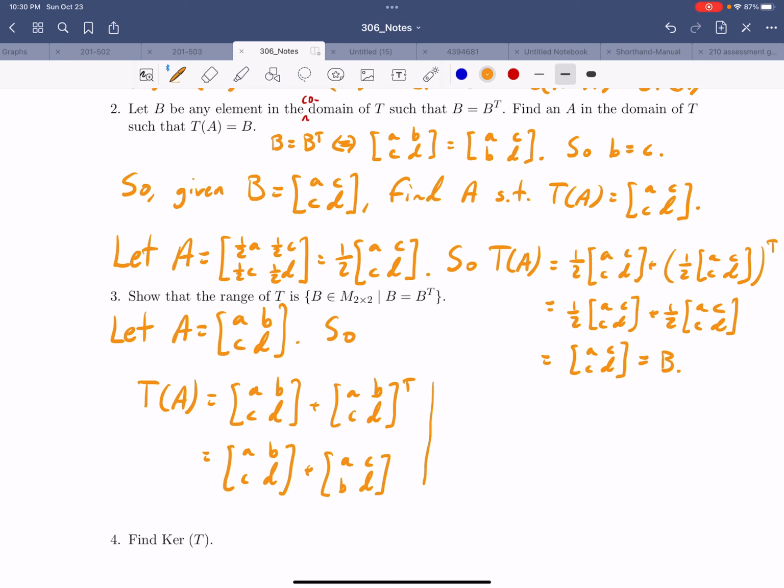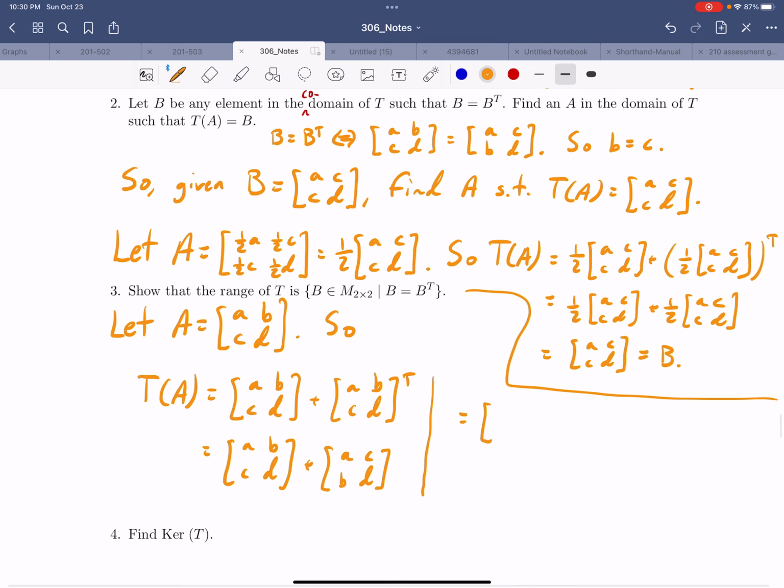And that, if you think about it, let me just make sure we separate this problem from that. Okay, I'm going to write it down. Okay, so we're going to get [2a, b plus c; c plus b, 2d].